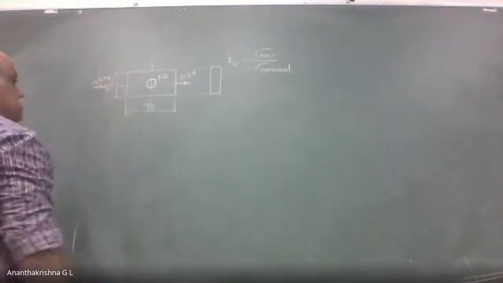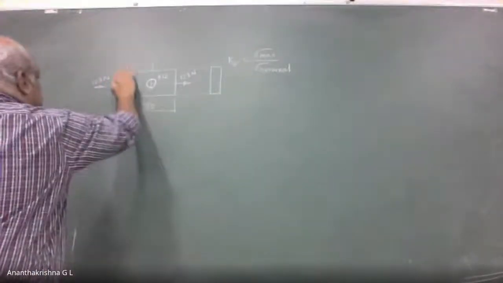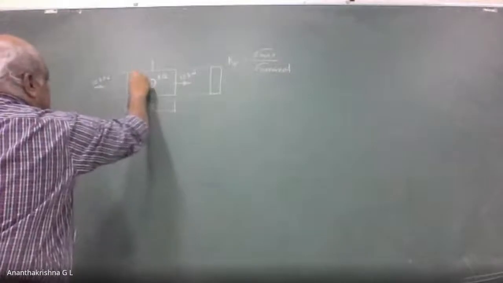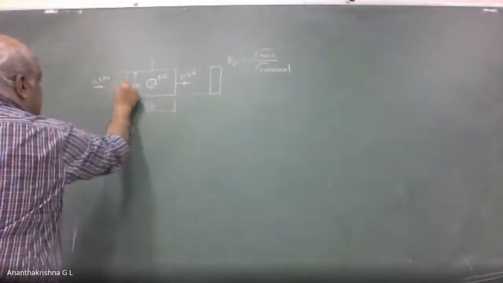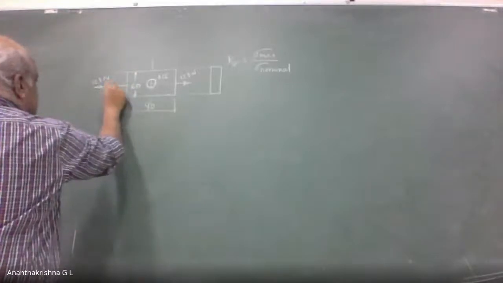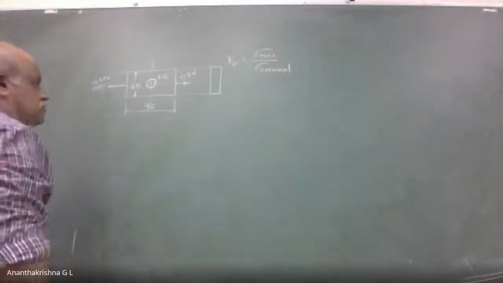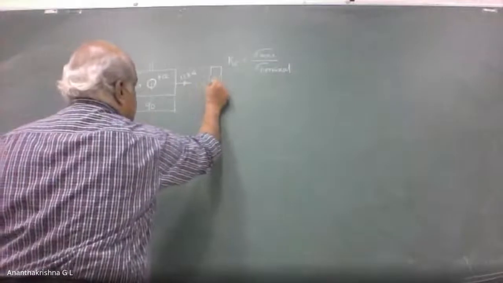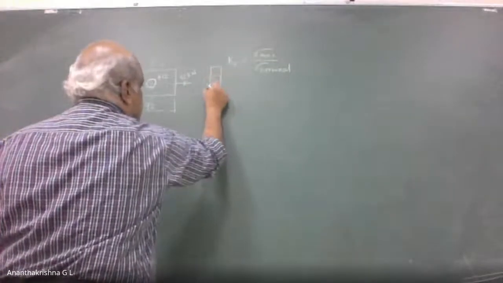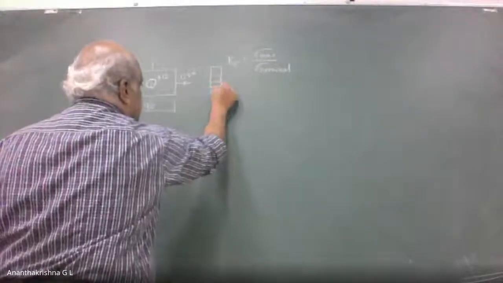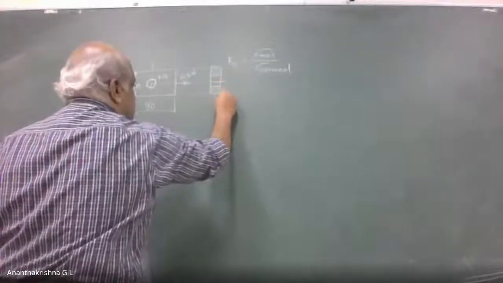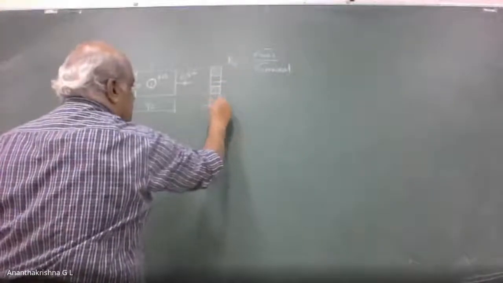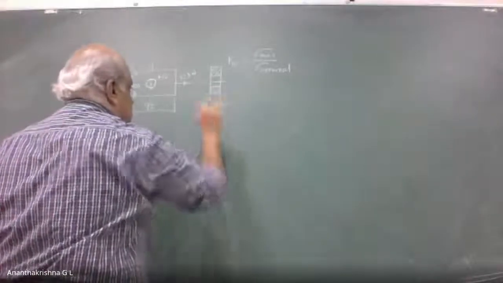So the 60, better take it inside. This is 60 mm and is subjected to an axial tensile load of 12 kN, and it is having a thickness of 10 mm. Correct?